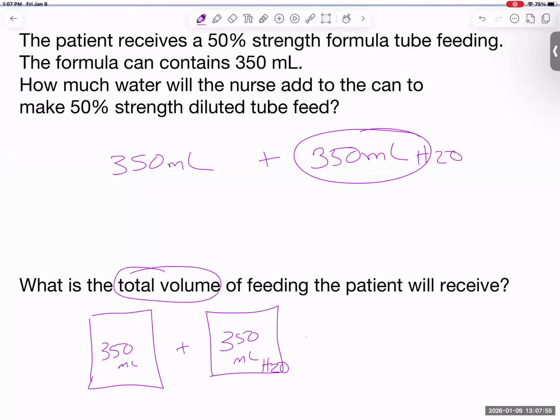Because where am I putting this information? On the intake and output. So I added water to dilute it, so what I add to the actual intake and output is 700 milliliters, because the total volume was the formula plus the water. Remember, intake and output is always in milliliters.